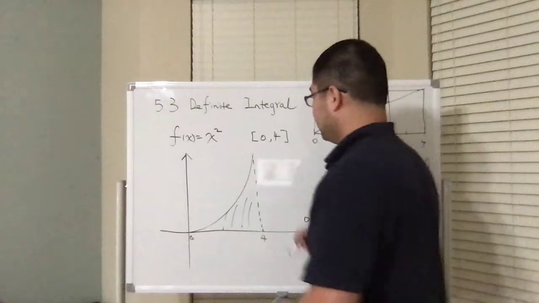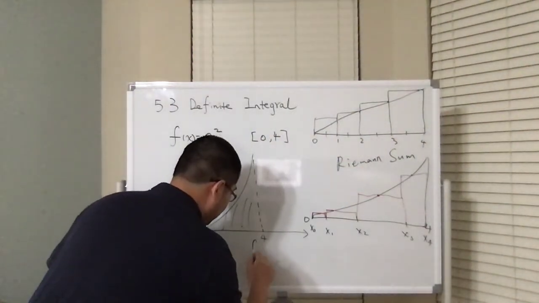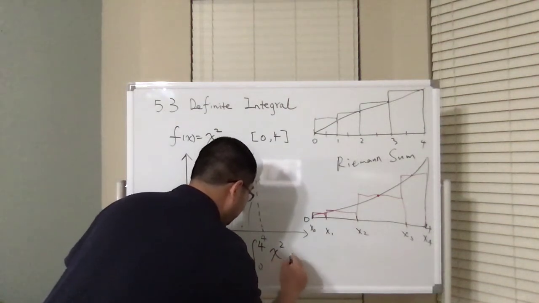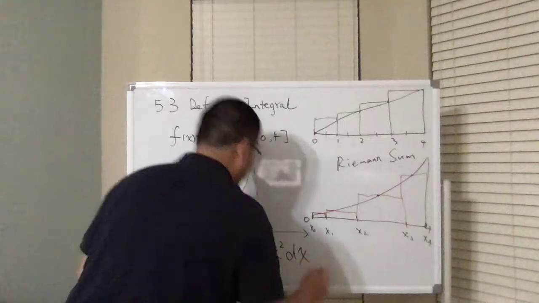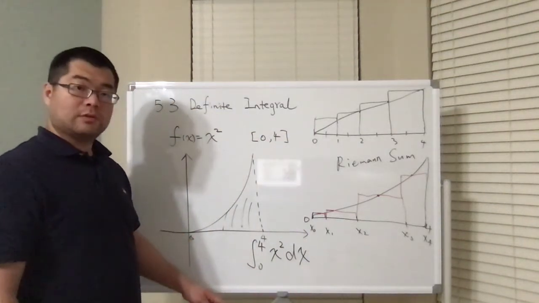That is, we can denote this process as the integral from 0 to 4 of x squared dx. Okay, so this is what we call the definite integral.